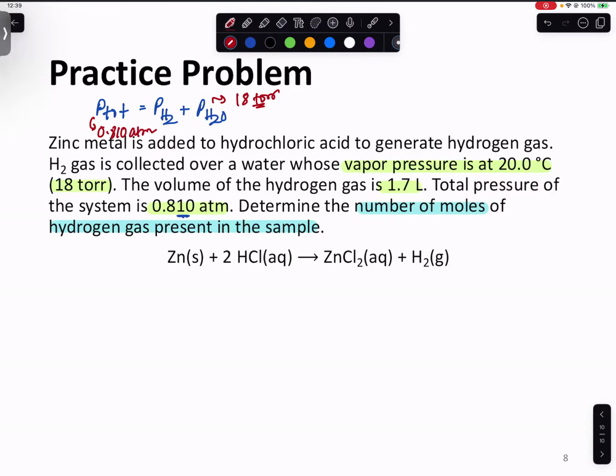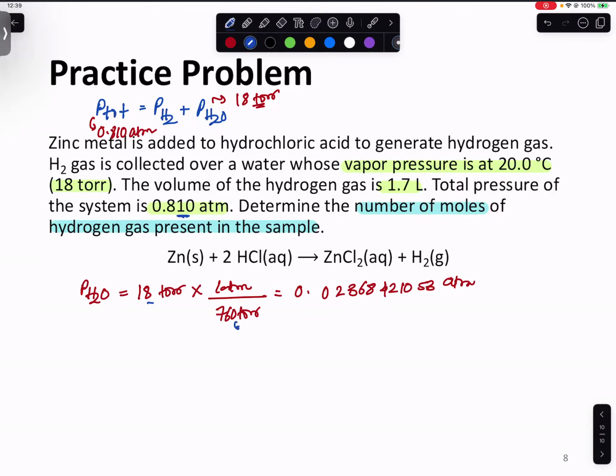So the easiest thing is to convert the partial pressure of the water vapor from torr to atmospheres. You'll be given this conversion; this was on your formula sheet. And right here it is going to be 0.02368421053 atmospheres. Since this is 2 sig figs and the conversion is infinite sig figs, we have here 2 sig figs.